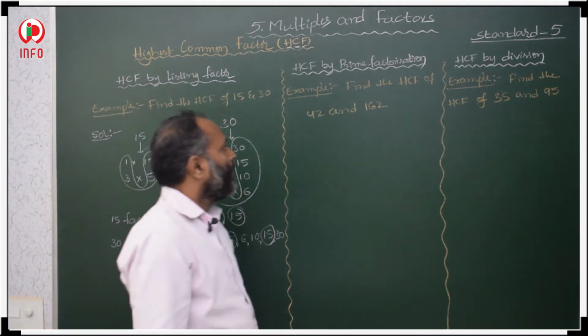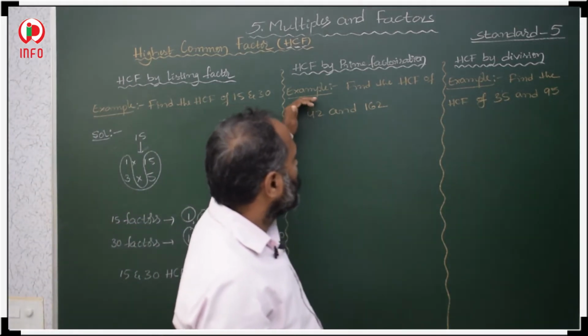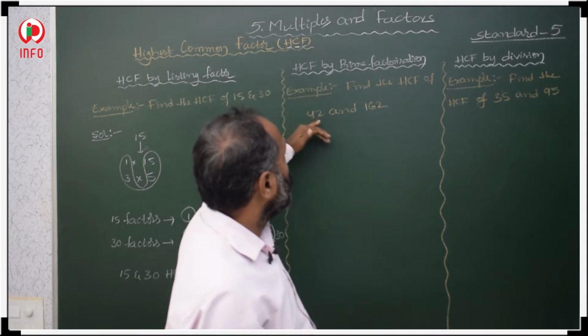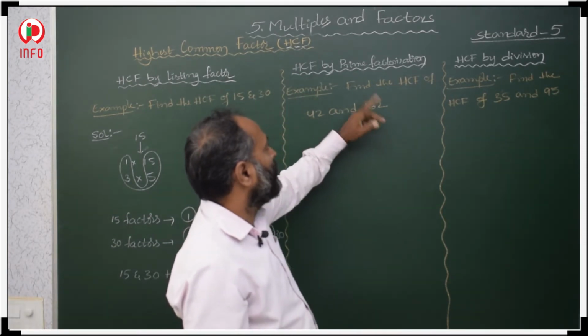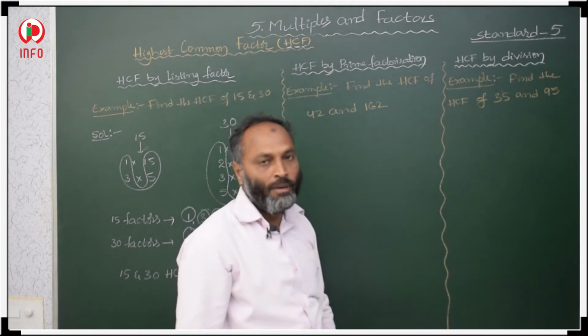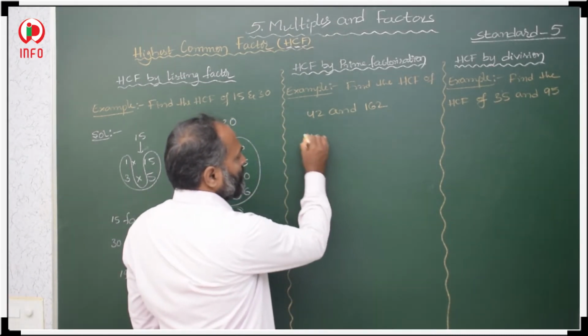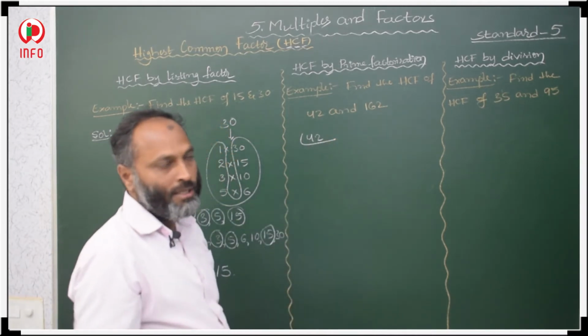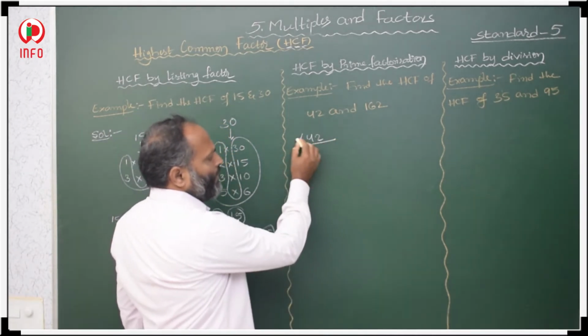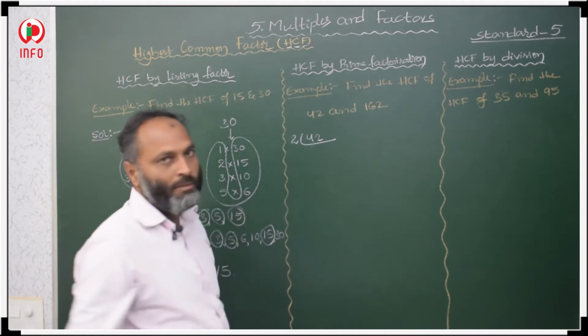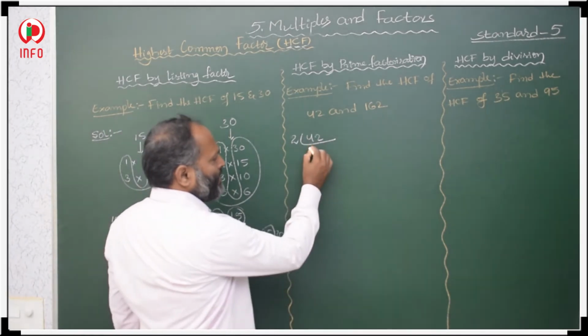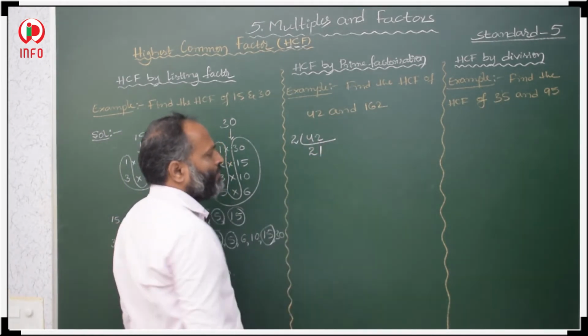Next, in the example, find the HCF of 42 and 162 by using prime factorization. The prime factorization method is asked. First we have to take the prime factors of 42 like this. 42 is an even number, it is divisible by 2. 2 twenty-ones are 42.